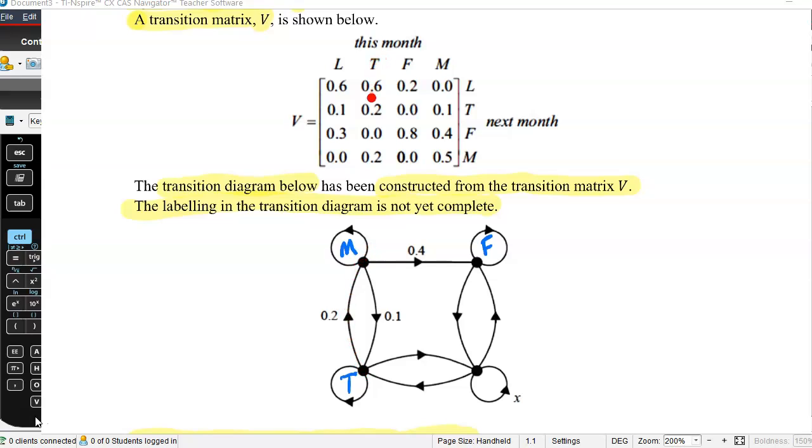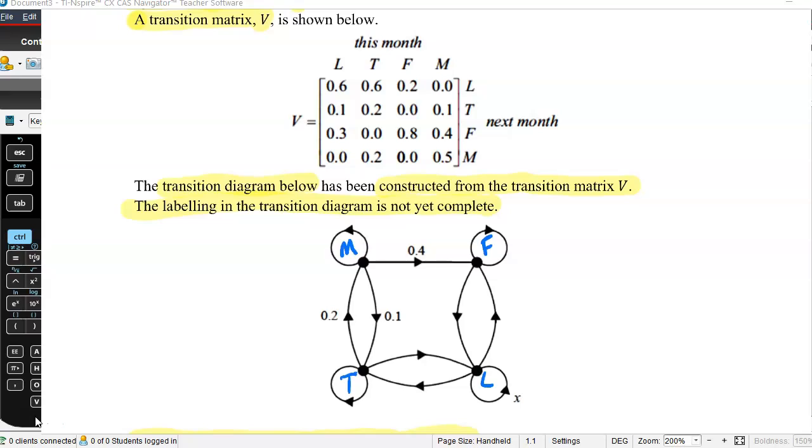From T to M. Yes, that makes sense, that's 0.2. So that means that this point, if we know that's M, F, T, that has to be L, doesn't it?